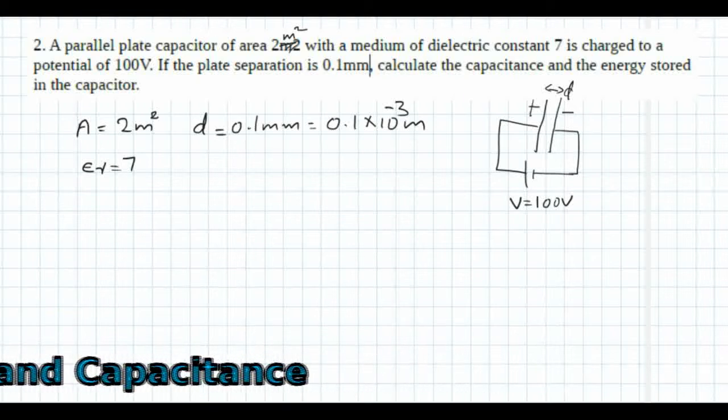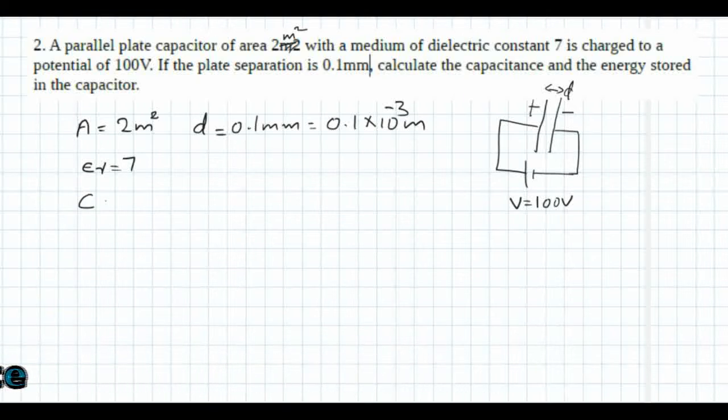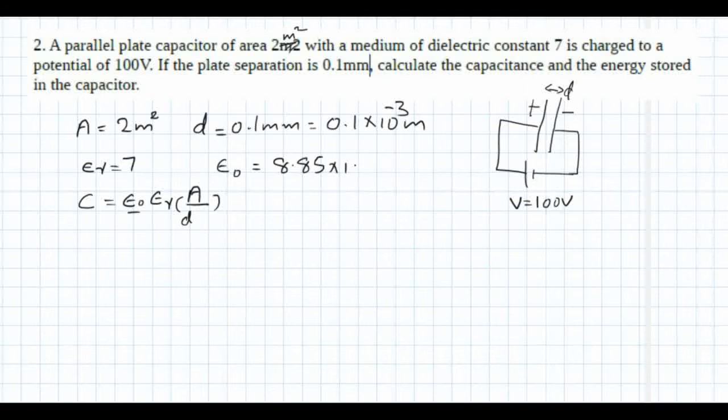Then what is the capacitance? For a parallel plate capacitor, we know capacitance C is equal to epsilon 0 epsilon r into A by d. The value of epsilon 0, from our previous classes, is 8.85 into 10 raised to minus 12 C square Newton inverse m raised to minus 2.